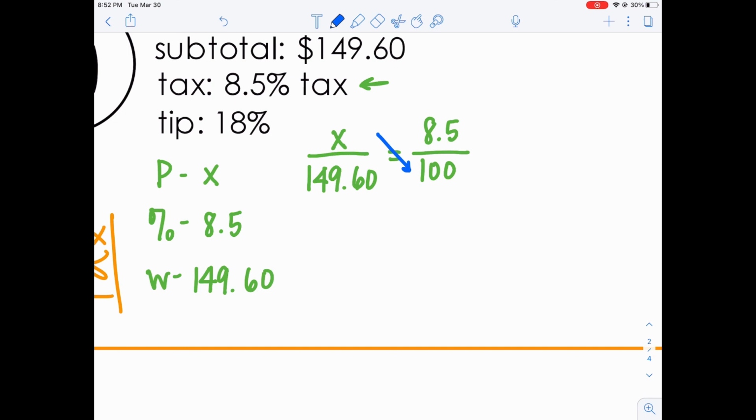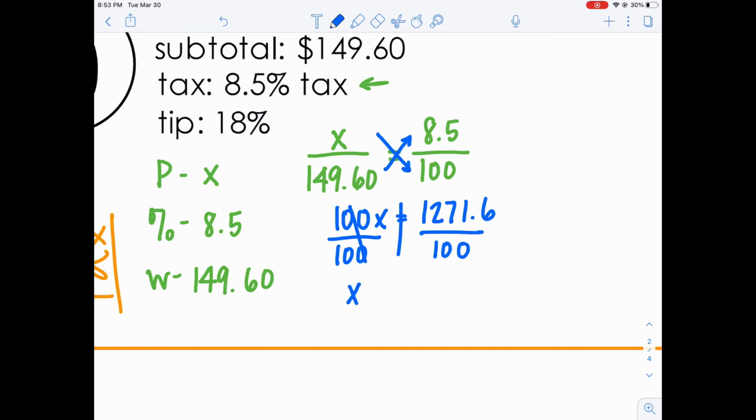I'm going to do X times 100, which is 100X, and then $149.60 times 8.5 equals $1,271.06. To solve this, I'm going to divide both sides by 100. I am left with X equals, and when I divide this by 100, I get 12.716.